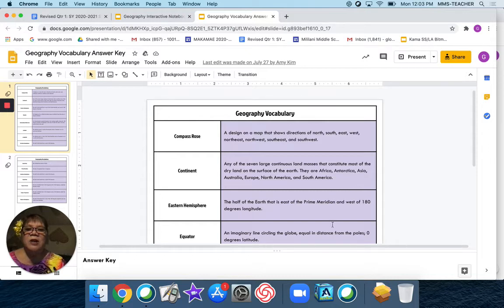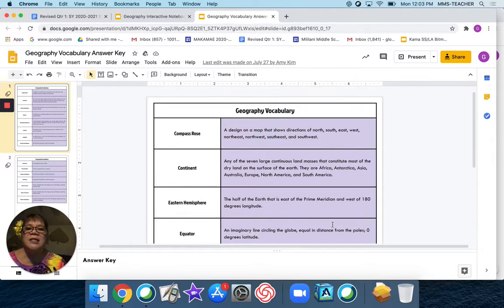The next geography vocabulary word is continent. Any of the 7 large continuous land masses that constitute most of the dry land on the surface of the earth. They are Africa, Antarctica, Asia, Australia, Europe, North America, and South America.